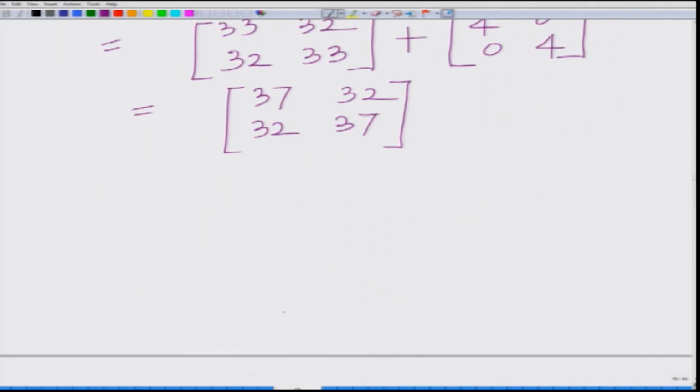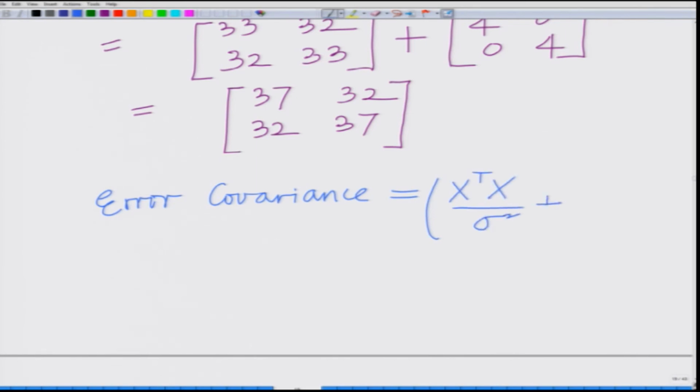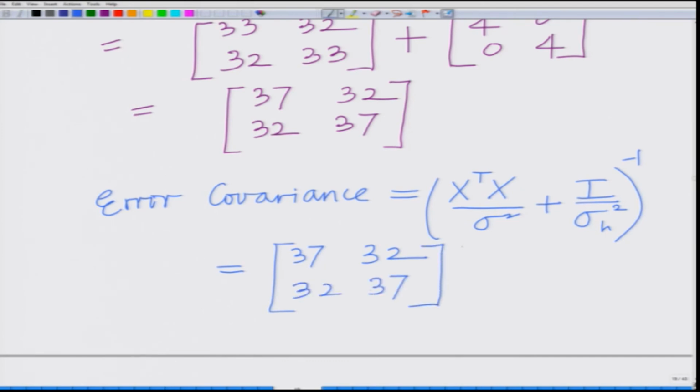Therefore, the error covariance equals x transpose x by sigma square plus I divided by sigma h square, inverse, which is the inverse of this matrix, 37 32 32 37.